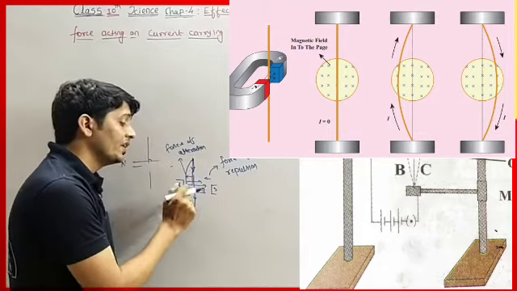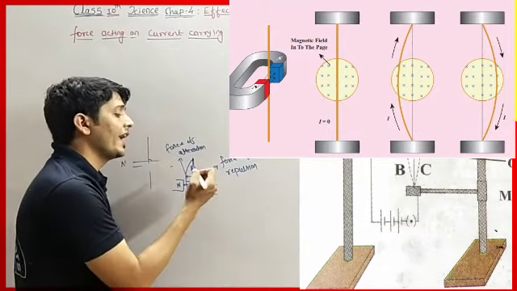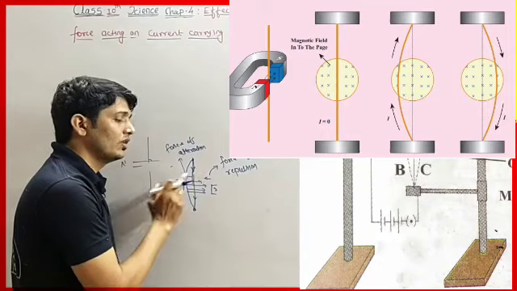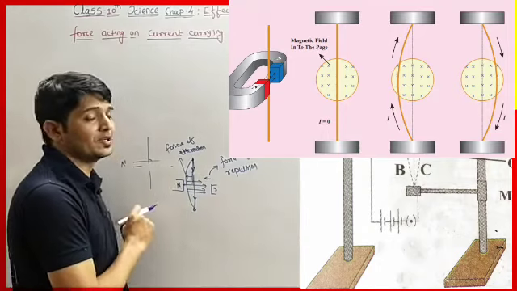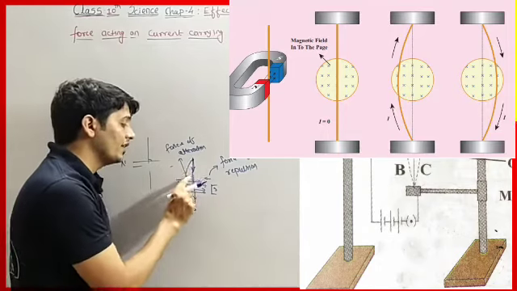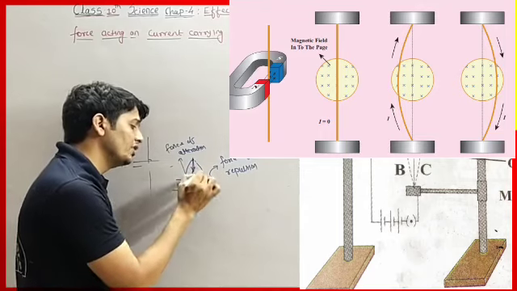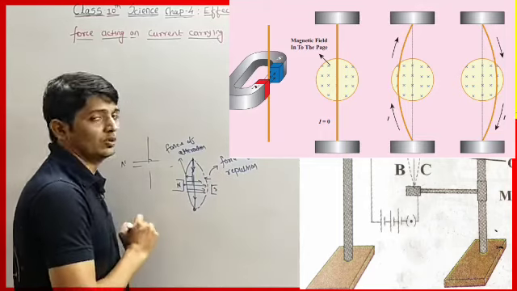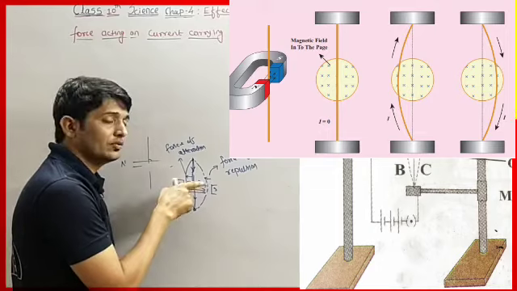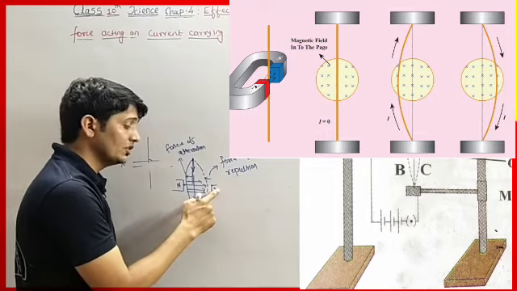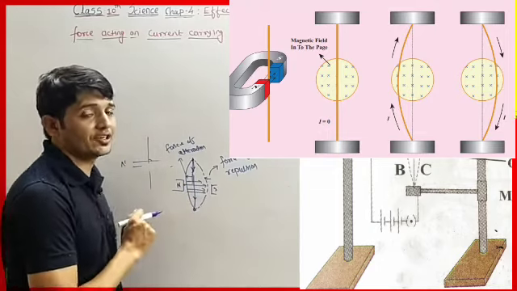At that time the south pole will experience the force of attraction and the north pole will experience the force of repulsion. At that time the wire is pulled toward the south pole.